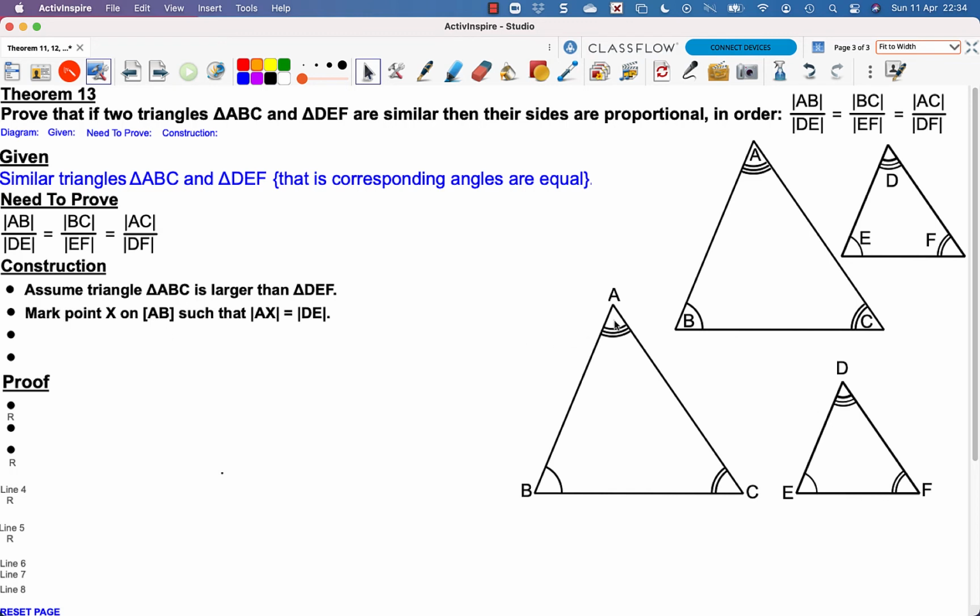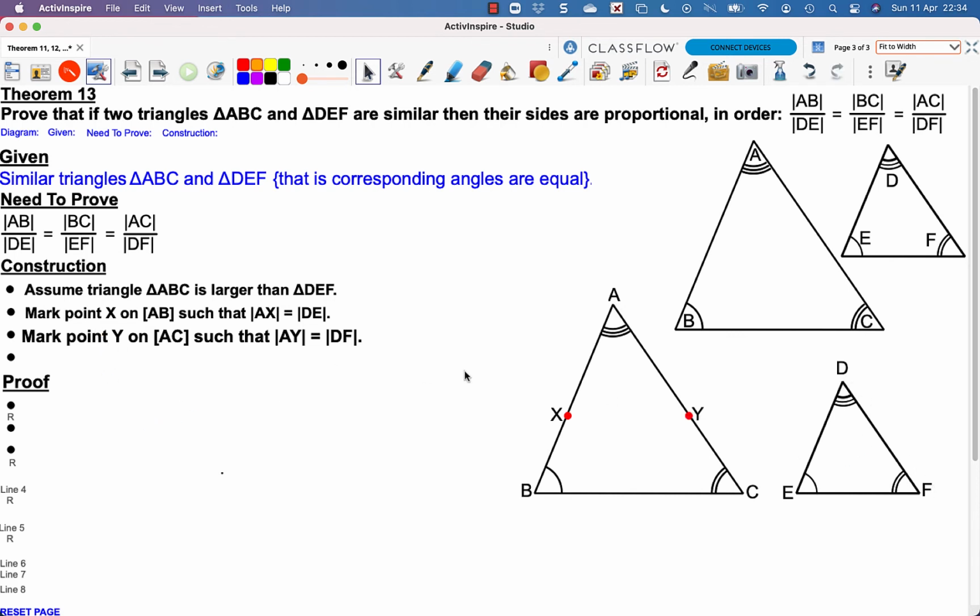Next we mark a point X on the line AB, where AX is equal to DE. Then we mark a point Y on AC, such that Y has a distance from A equal to DF.